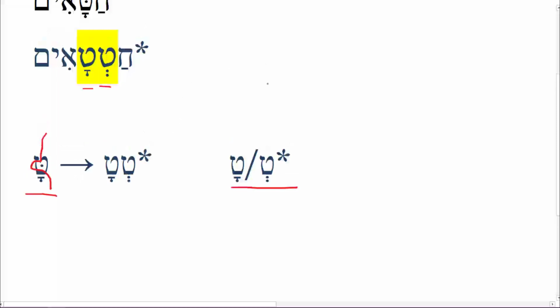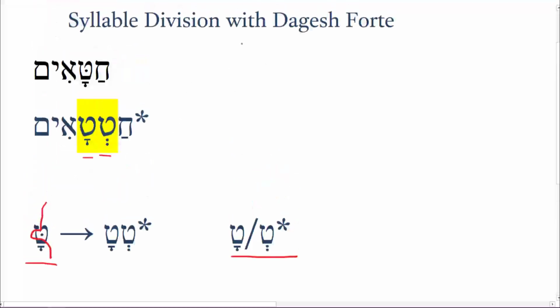But if I'm doing it with a keyboard, then I'll come back up here and simply divide before the letter, and then in this case it begins a new syllable, and then divide after the letter. But I'm aware of the fact that this dagesh forte is actually indicating a closed syllable, even though it doesn't look like it if I don't pay attention to the dagesh forte.